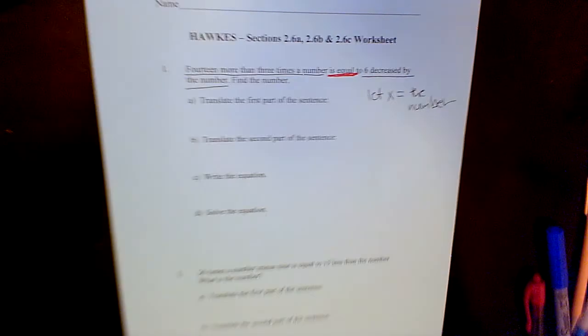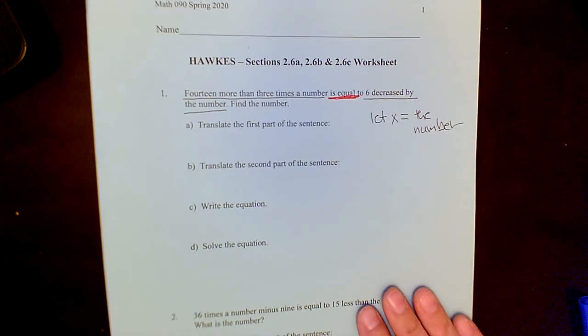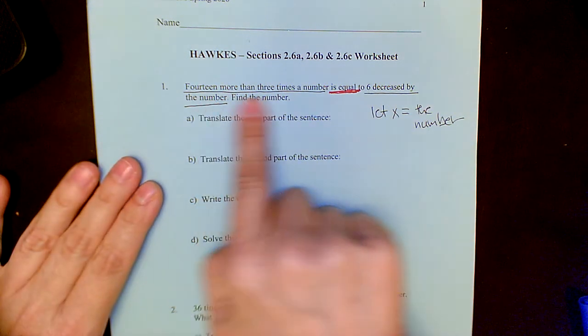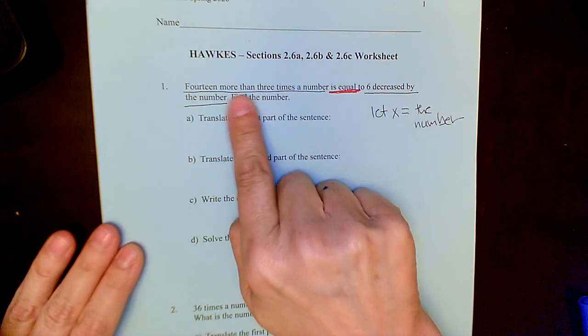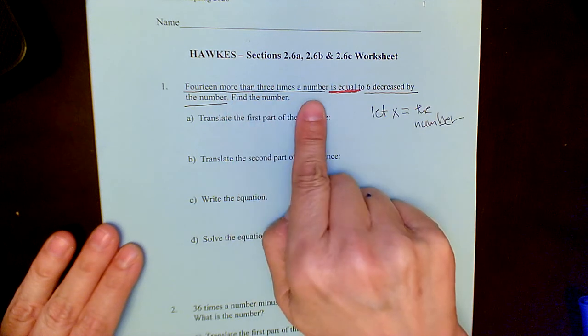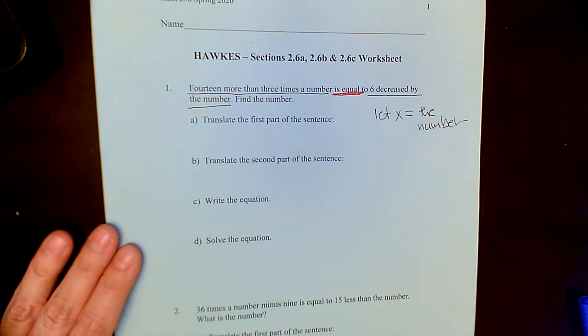So let me move down here a little bit more. Okay. So let's translate the first part of the sentence. Let's go back to 2:2 and put this into math. 14 more than 3 times a number. How would I write that in math? 14 more than, those are keywords, and 3 times the number, and we're letting x be the number.